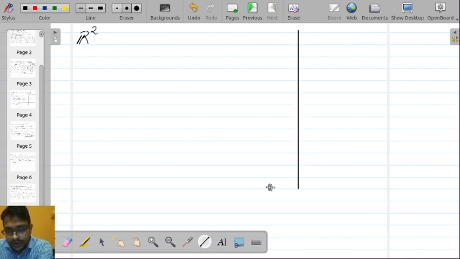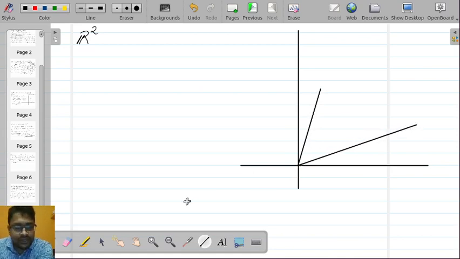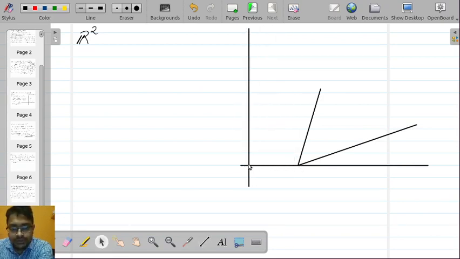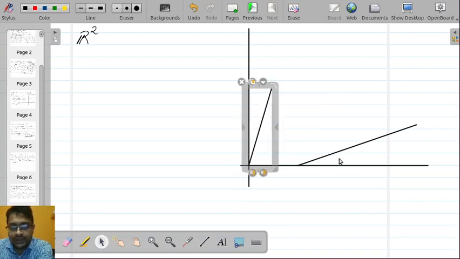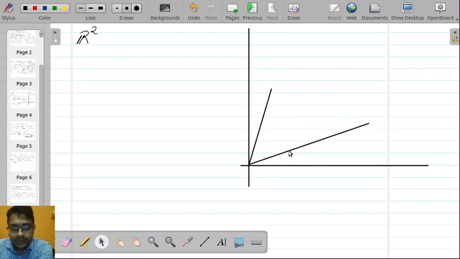Say in R square, if I want to denote two points or vectors. In your higher secondary you had done something called position vector, right? Say I have these two vectors.